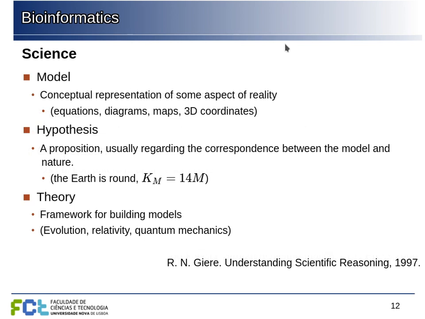So let's think of the science itself. We have different things like the models that we create to represent some aspect of reality. So we can have equations, diagrams, we can have descriptions, and then we have hypotheses about how well these models correspond to some specific aspects of nature.